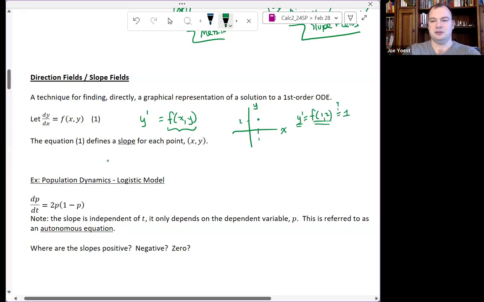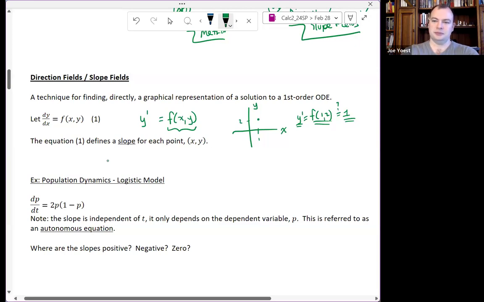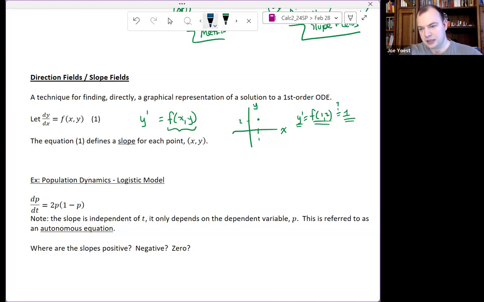For some particular differential equation, maybe we evaluate that right-hand side at x equals 1, y equals 2, and it gives an output of 1. This tells me that at the point 1 comma 2 on this 2D plane, if a solution passes through that point, its slope has to be 1, or in other words, the slope of its tangent line has to be 1.